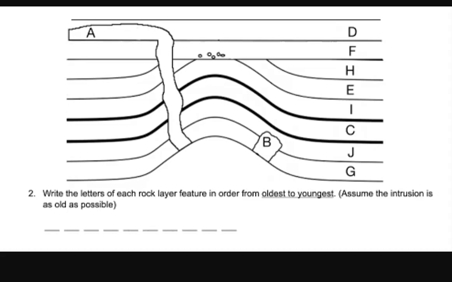And the only way A could make its own layer out here is if D wasn't there yet, okay? So then it would go F, A, D. D in this case is the youngest layer.